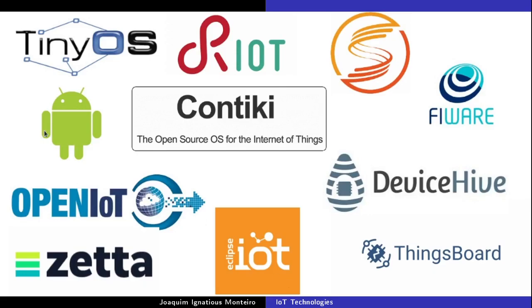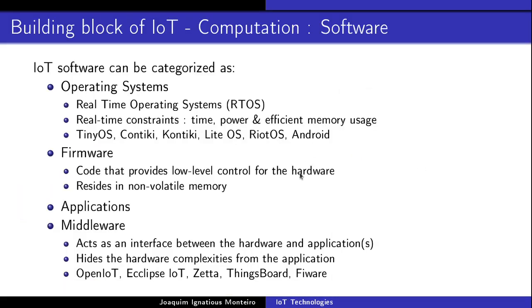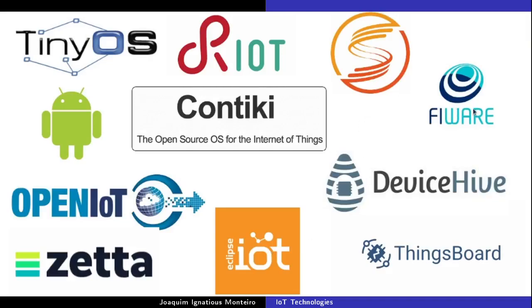So I've clubbed all these things into one particular visual. It's much easier to remember this way. Probably TinyOS is there, Android, which is very familiar to all of us. So this is RIOT, then Contiki, then this is FIWARE. This is DeviceHive, ThingsIoT, Eclipse IoT.